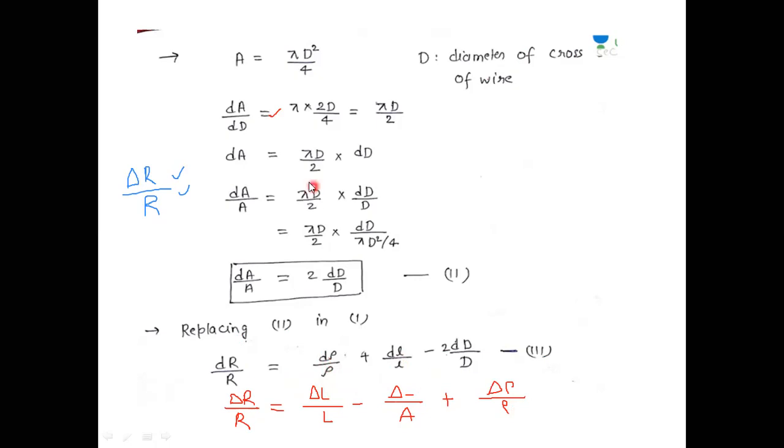Dou A by A means minus 2 dou d by d. Now I am changing area into diameter, from this equation.